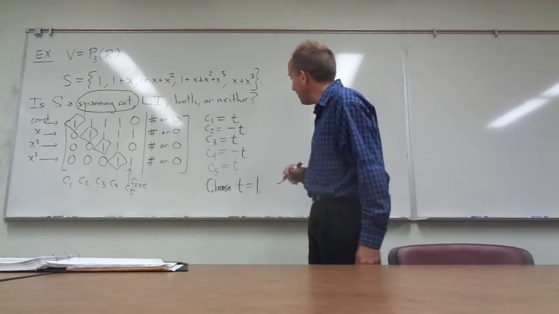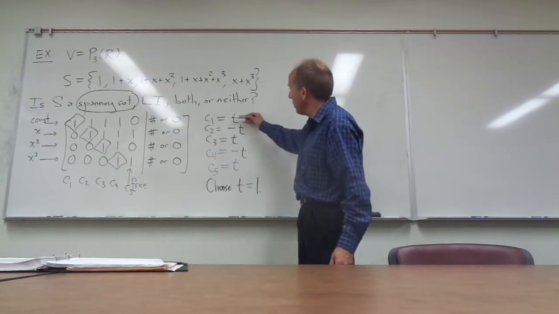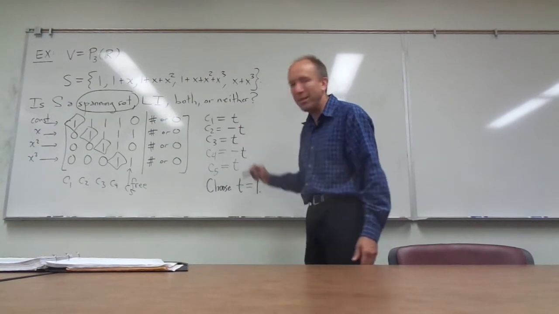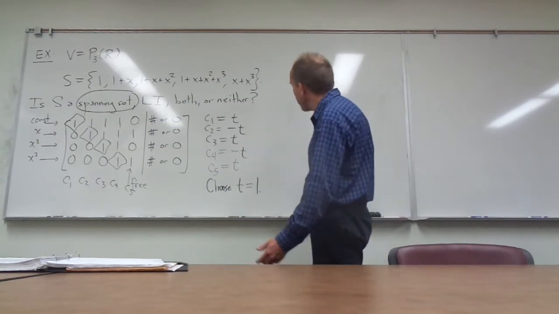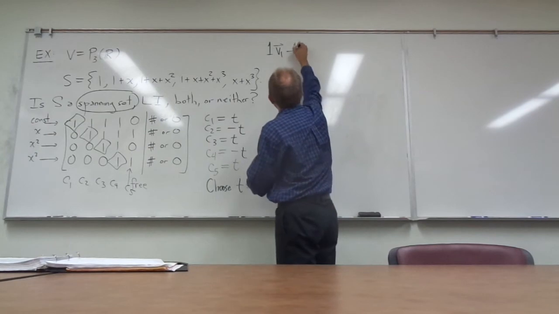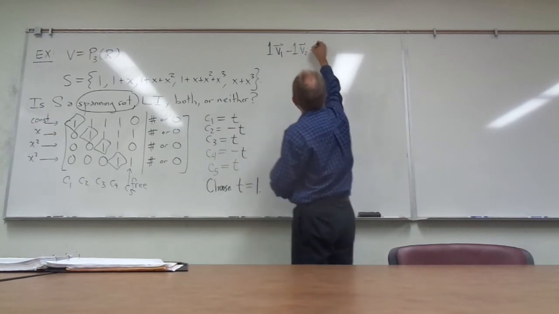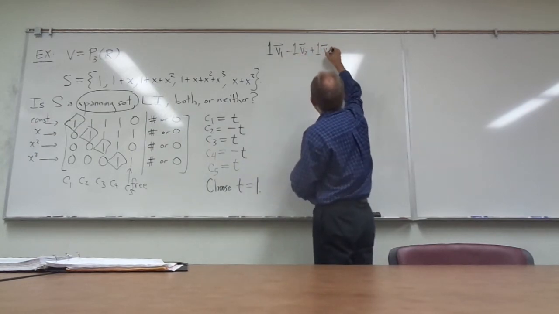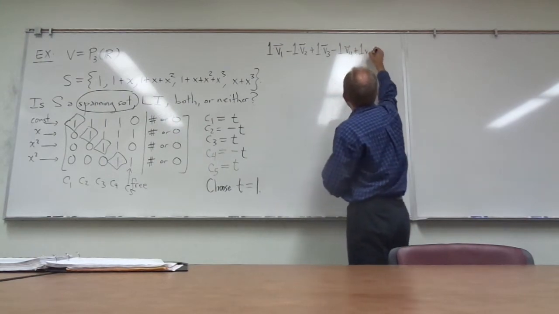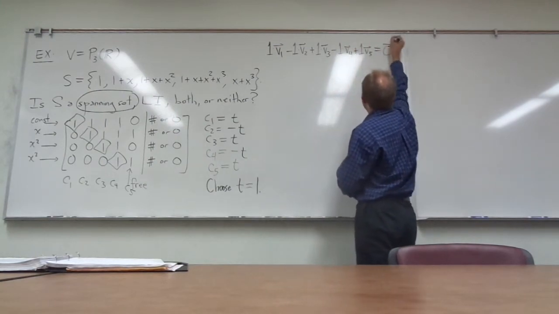So let's choose T to be 1. It just means that C1 is 1, C2 is negative 1, C3 is 1, C4 is negative 1, and C5 is 1. And all that means is that if we take 1 times V1 minus 1 times V2 plus 1 times V3 minus 1 times V4 plus 1 times V5, that should cancel out to 0.